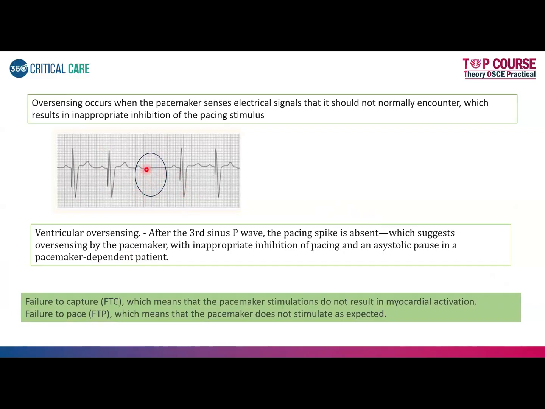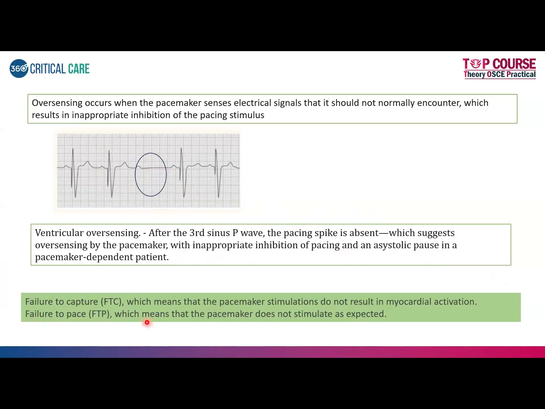So here, the ventricle would have detected some electrical signals by the patient themselves, as a result of which the pacing spike is absent, and thus this is not followed by a waveform. So there is inappropriate inhibition of the pacing, and an asystolic pause that has happened.